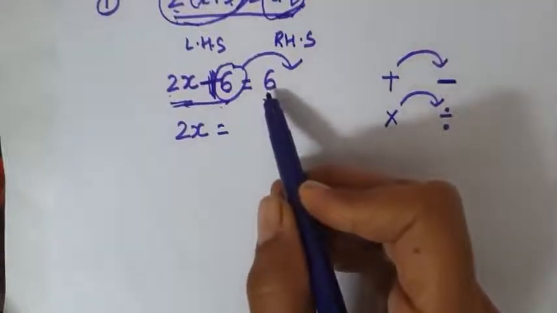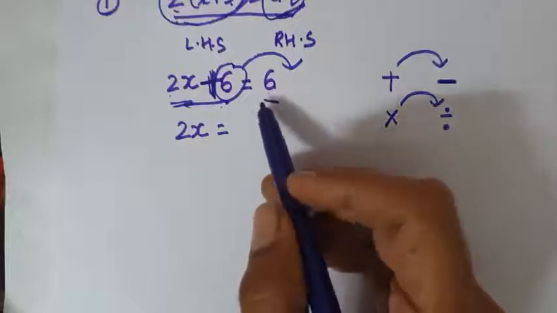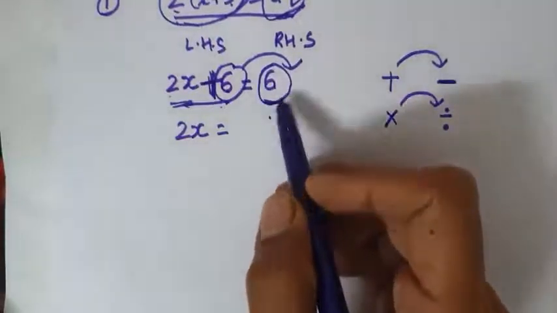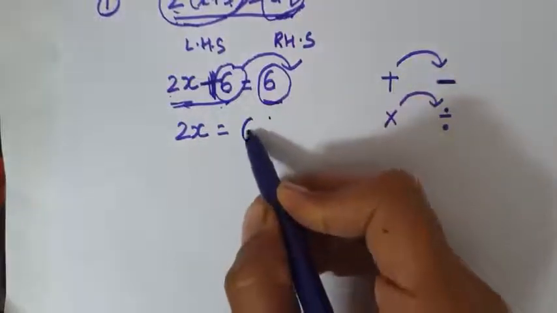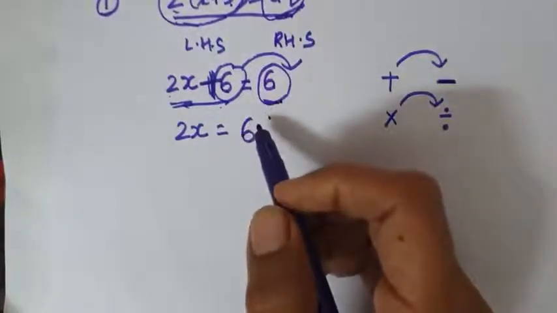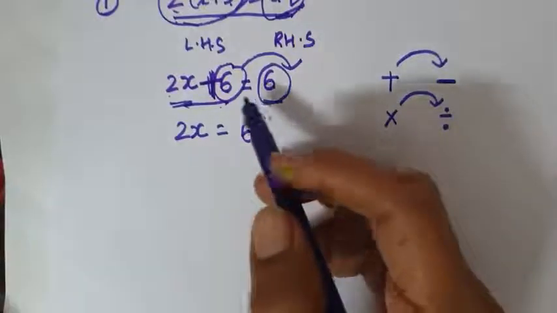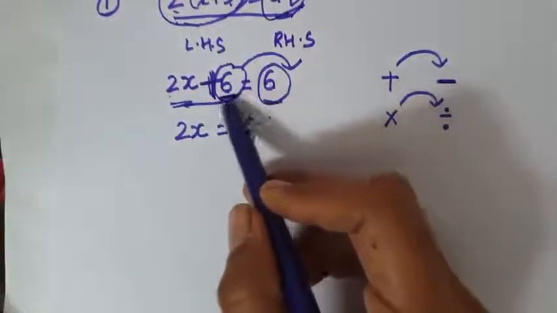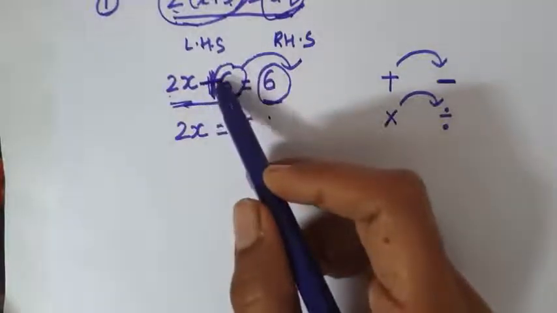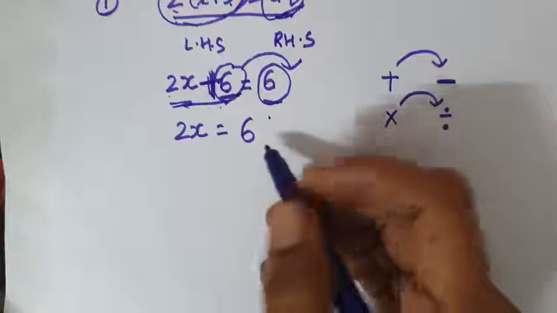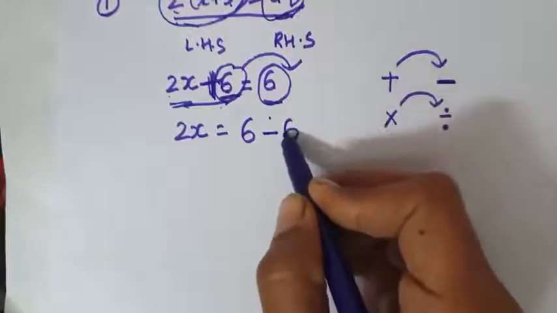First of all, students, write that number which is already present on the right hand side, that is 6. Now write the number which is shifted, that is this 6, which is getting added over here, and on shifting it will get subtracted.